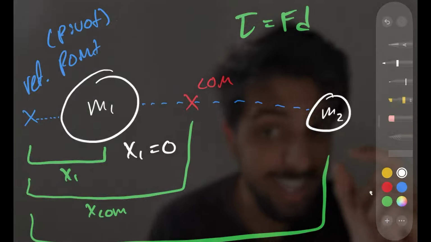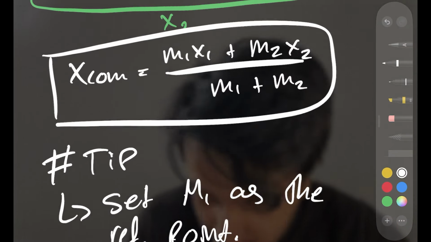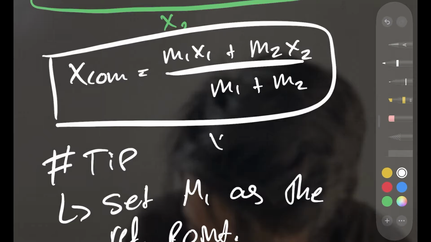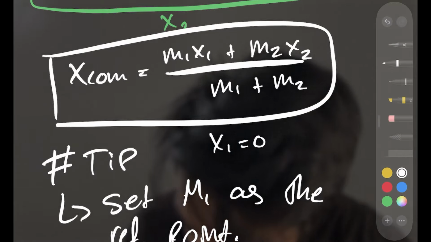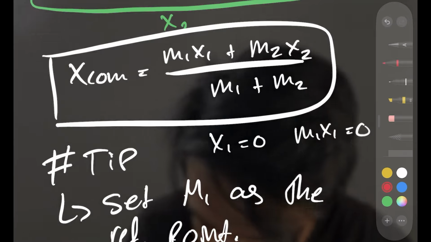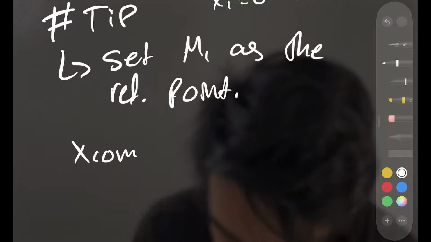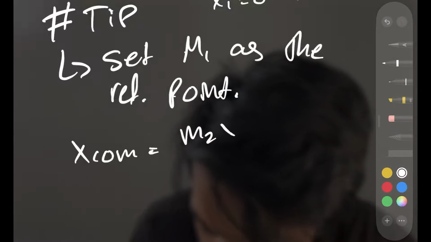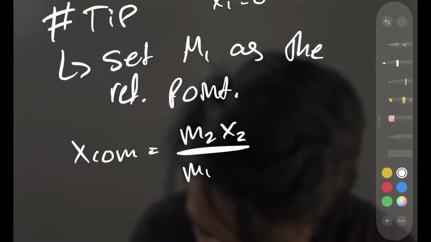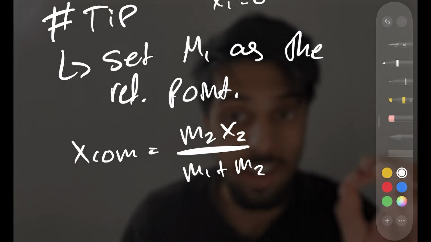So in our equation, if x1 is equal to 0, that means m1 times x1 is also equal to 0, and that term cancels out. What we get is x center of mass is equal to m2 x2 all over m1 plus m2. That dramatically simplifies our equation.